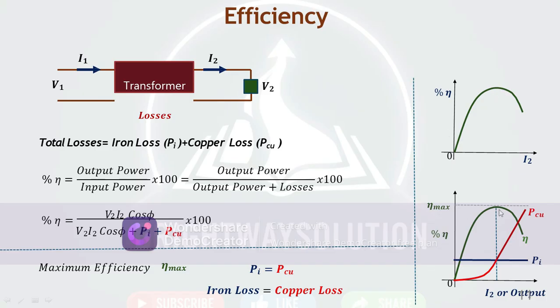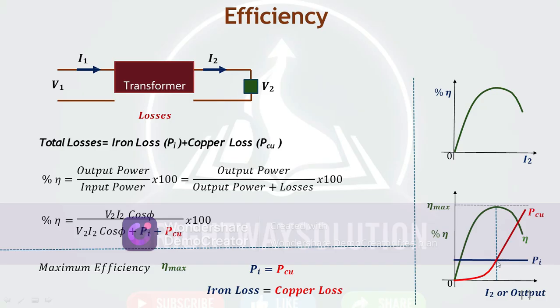So when will maximum efficiency take place? There is a constant loss, Pi, and the variable loss increases as load increases. As the output current increases, the copper loss also increases.